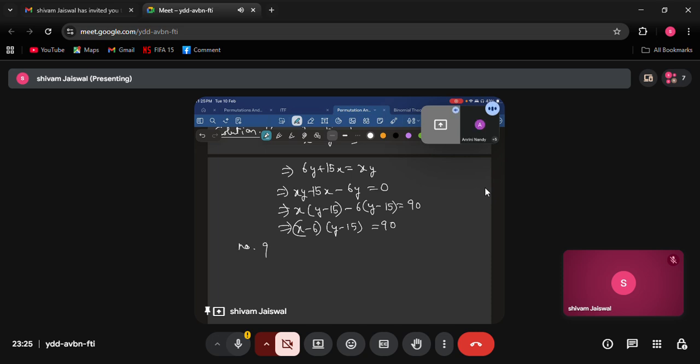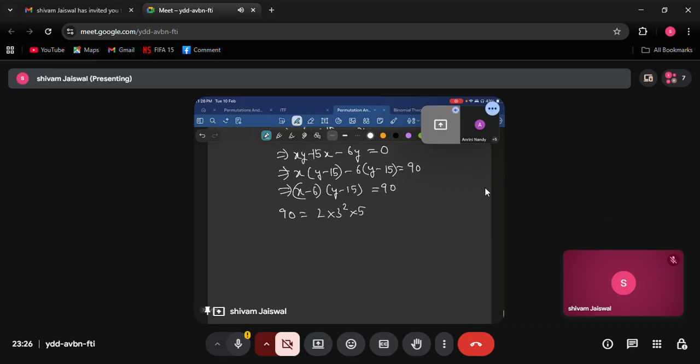Actually, it can be unordered pairs. Why? Because try to understand, over here 1 into 90 and 90 into 1 will be two different cases. 90 is equal to 2 into 3 square into 5.